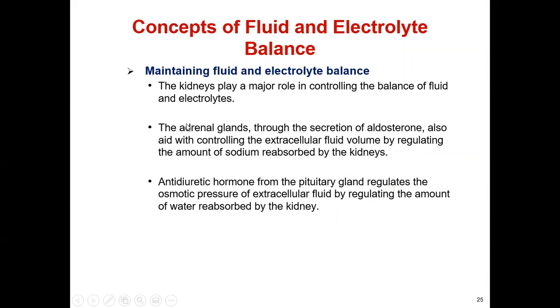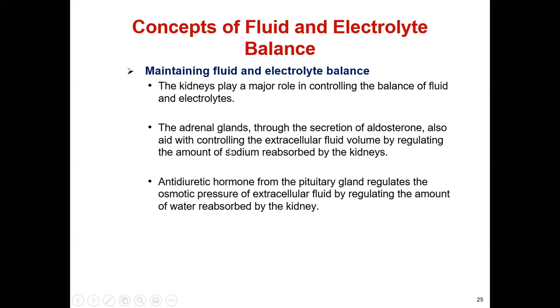Another gland is the adrenal glands. The adrenal glands sit on top of the kidney. Adrenal glands also play an important role in maintaining fluid and electrolyte balance by secretion of aldosterone. So aldosterone is a big player.